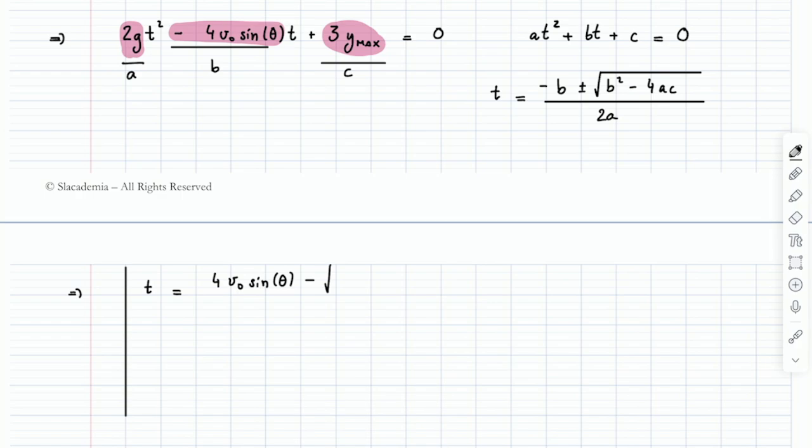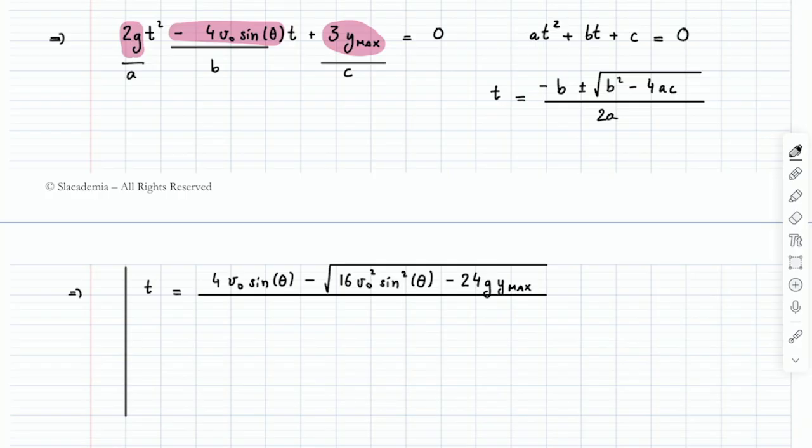So minus the square root of b squared, that is 16 v0 squared sine squared of theta, minus 4 times a times c. 4 times 2 is 8, times 3 is 24, so this is 24 g y max, divided by 2a, which is 4g.